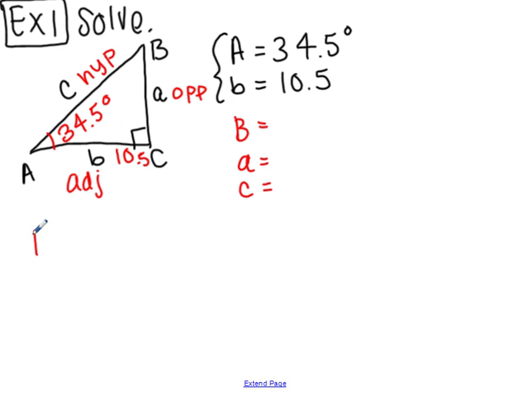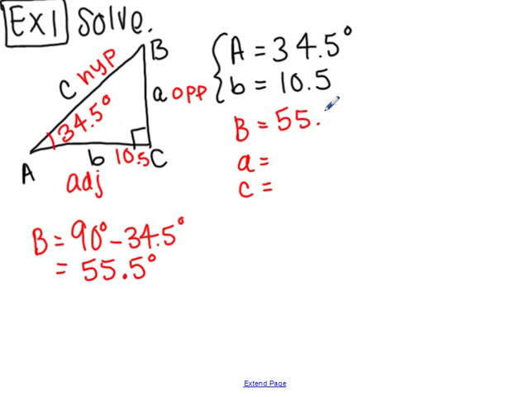So to find B, I'm going to do the subtraction of 90 minus 34.5. When we subtract these, we get 55.5 degrees. So angle B is 55.5 degrees.